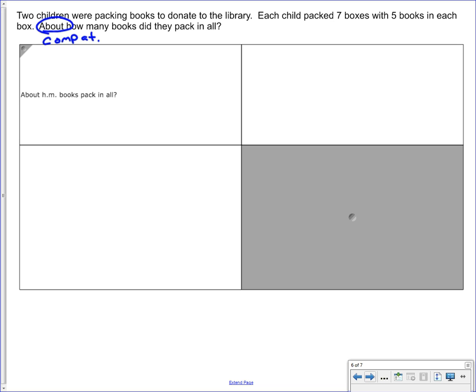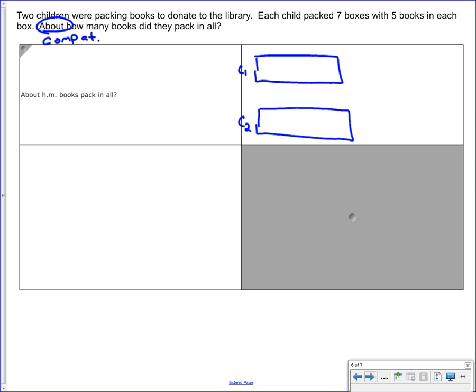So they want to know about how many books in all, and now we're going to reread our problem to figure out what our details should look like. So there's 2 children. There's child 1. There's child 2.